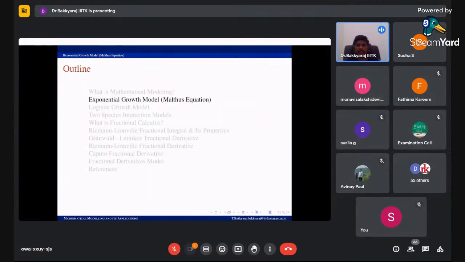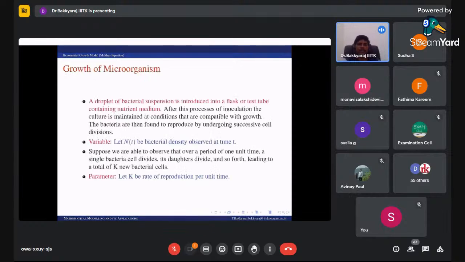Okay, so now let us come to the modeling part. Here we are going to model the growth of microorganisms. First we are going to see how we represent or describe the model, and after that we solve it, and then we will get a prediction. So first you have to model it as an equation, and we solve that equation, and we can get the subsequent future behaviors.